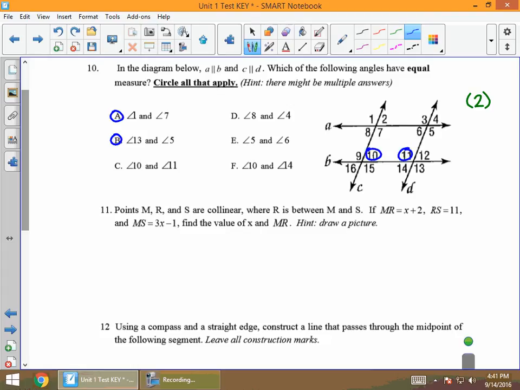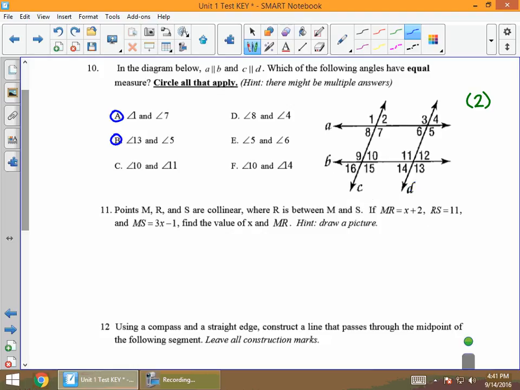My 2 parallel lines in this case are C and D, cut by the transversal, which is B. 10 and 11 are same side interior. Same side interior are supplementary. 10 and 11 add up to 180. They're not the same. So I am going to not circle C.